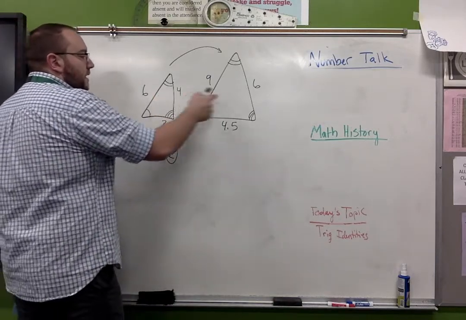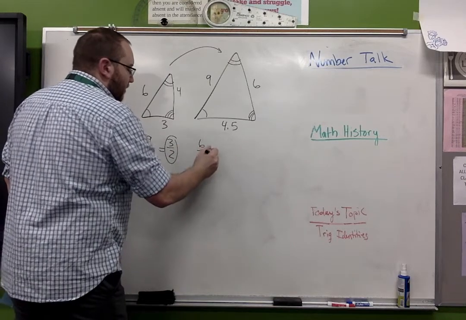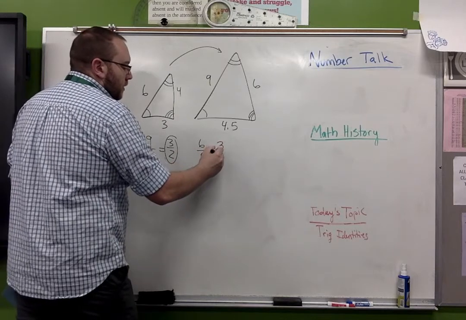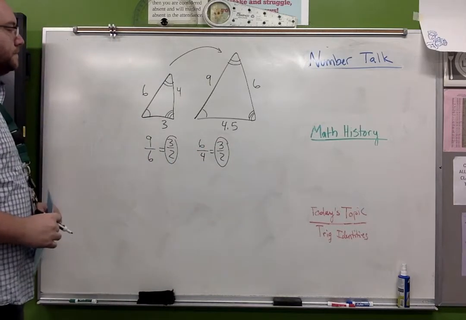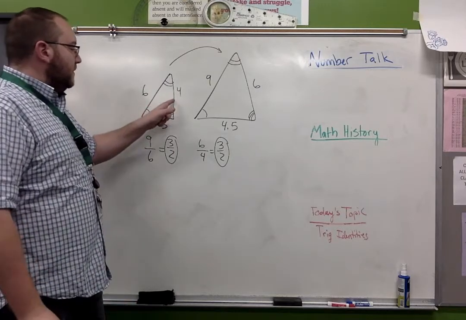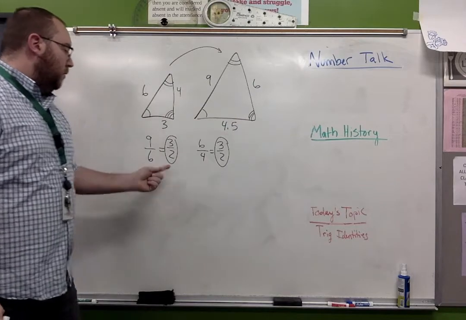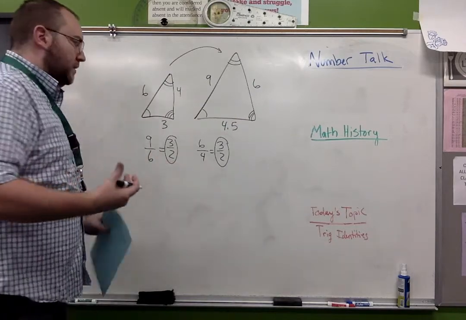Let's try this side and this side. So 6/4. Divide numerator and denominator by 2, and you get 3/2. So the ratio from this side to this side is, for every 2 feet I go here, I go 3 feet here. The ratios are the same, so that bodes well for us.